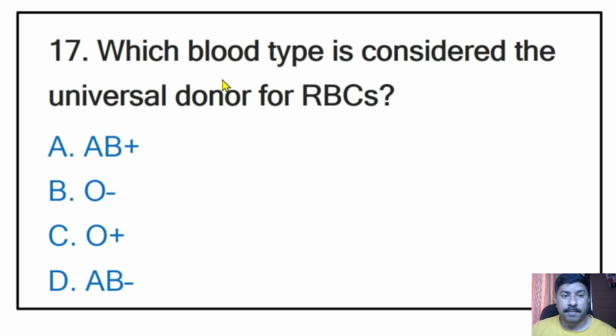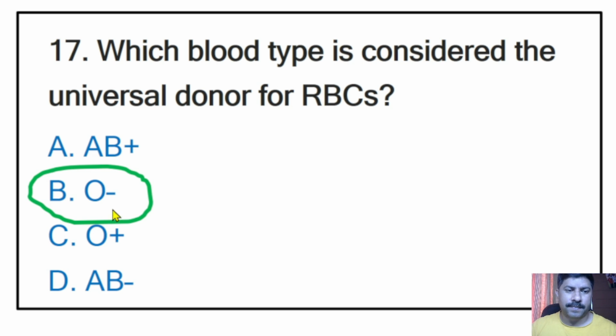Which blood type is considered the universal donor for RBCs? AB positive, O negative, O positive, AB negative. Correct answer, O negative. O negative does not have A, B or RH antigens.